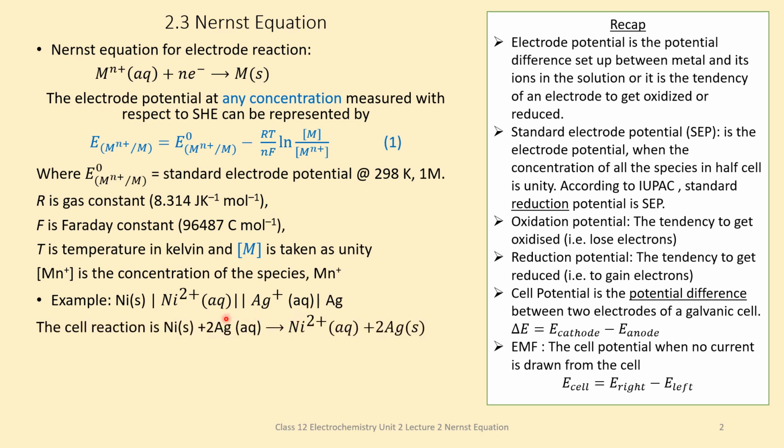So we can write this reaction as Ni(s) plus 2Ag+(aq) combined to form Ni2+(aq) plus 2Ag(s).